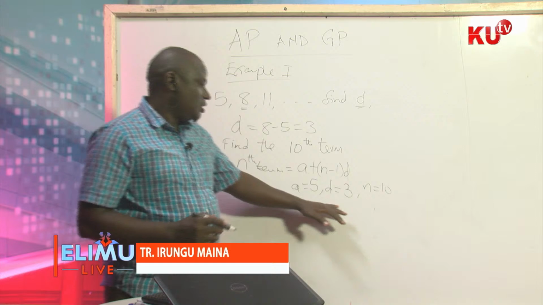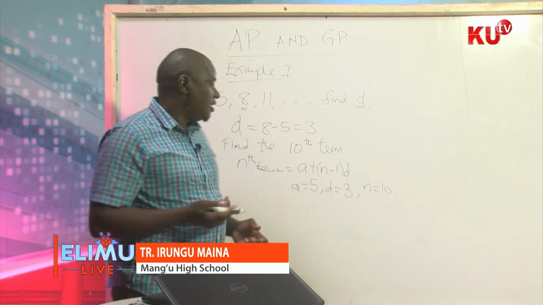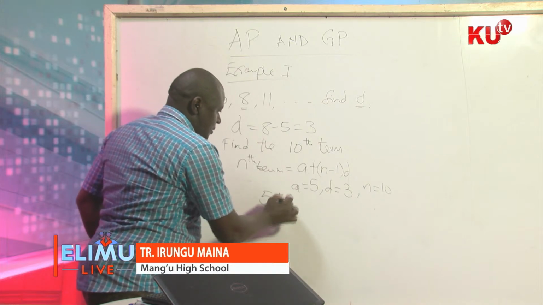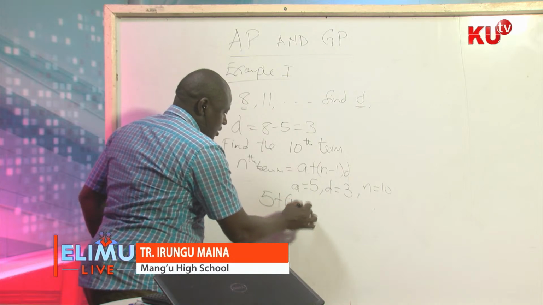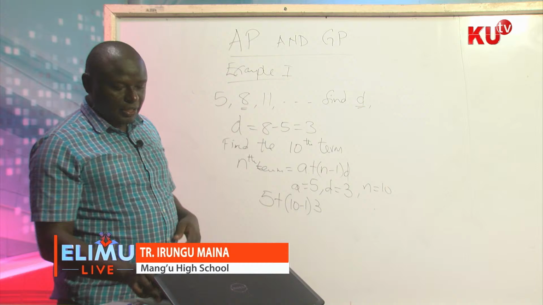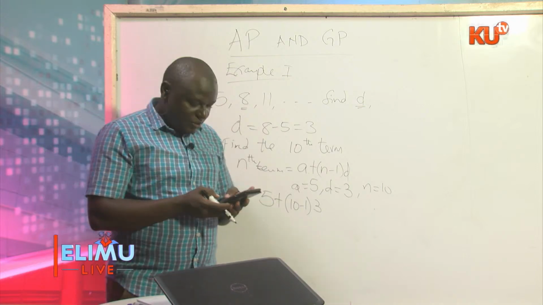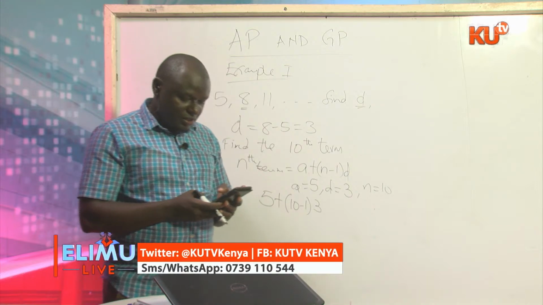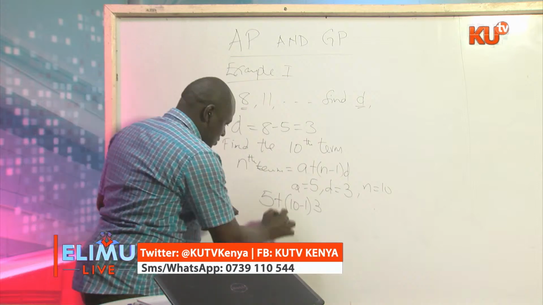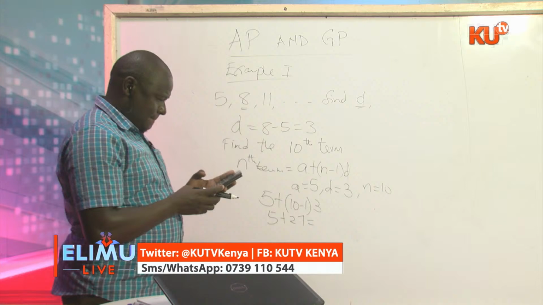If we have these 3 elements, then this sum is done, because we are saying a is 5 plus 10 minus 1 into bracket 3. Take your calculator, open the bracket first. 10 minus 1 is 9, multiply that by 3, you get 27, then you add 5. This is 5 plus 27, giving you 32.